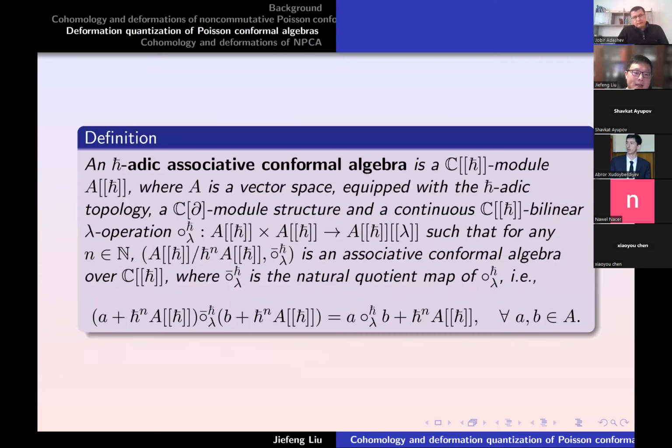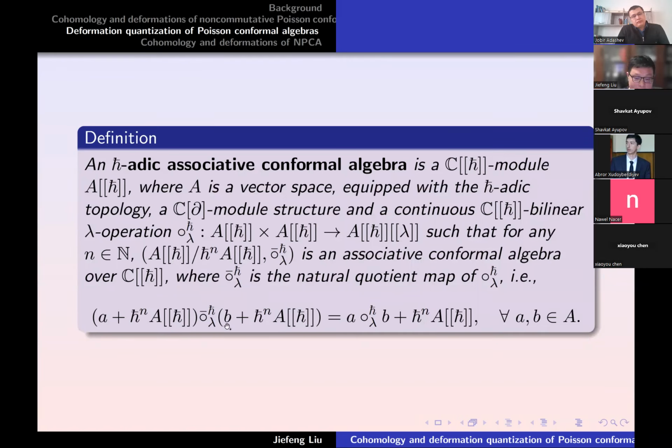An h-adic associative conformal algebra is a C[h bar] module, this A double bracket h bar, where A is a vector space equipped with the h bar-adic topology, with this module structure and a continuous bilinear lambda operation on this space, such that for any integer n, this space with the following lambda operation is an associative conformal algebra.